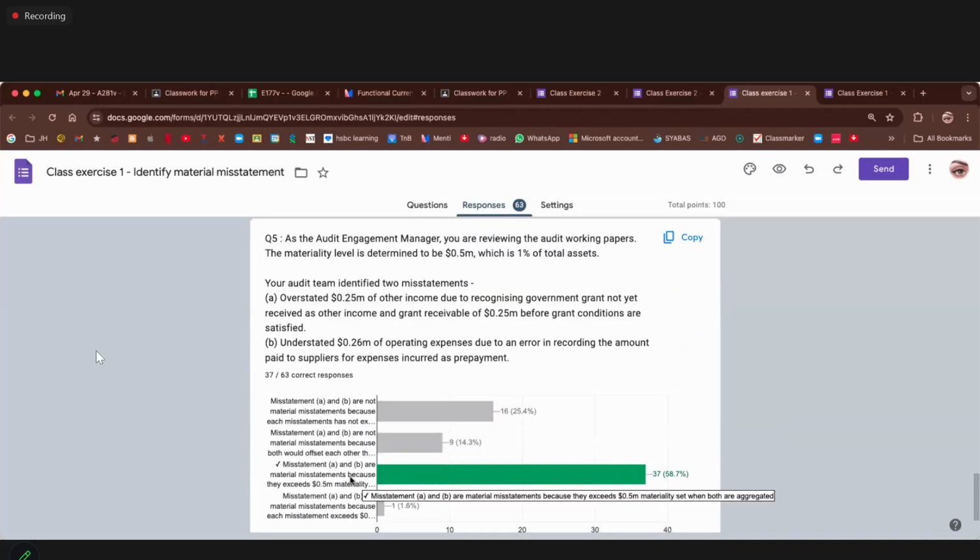Misstatements A and B are not material misstatements because each has not exceeded. But if you are looking at it overall, which is the amount that you will include in your uncorrected misstatements, then you can see that the answers are differentiated by the reason that you give. So when you give an answer in the exam, you have to give the answer as if you are in the actual audit.